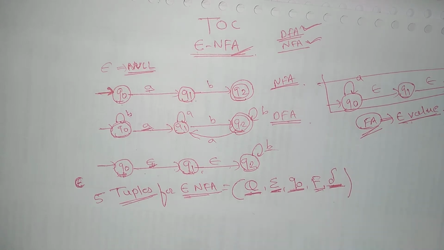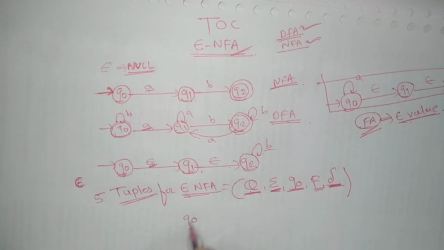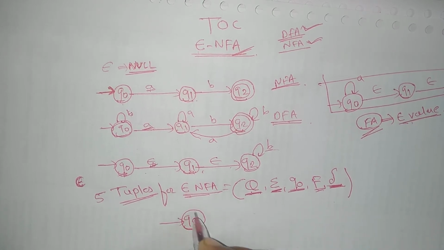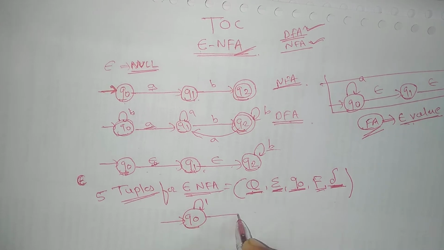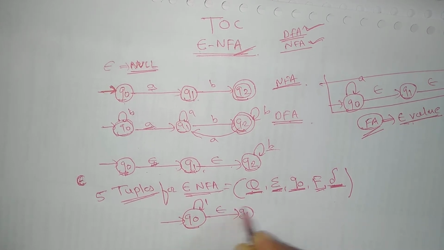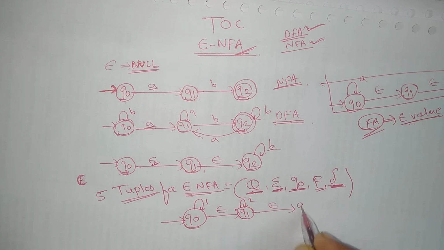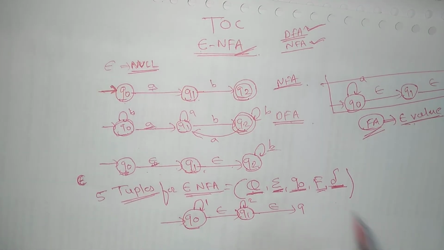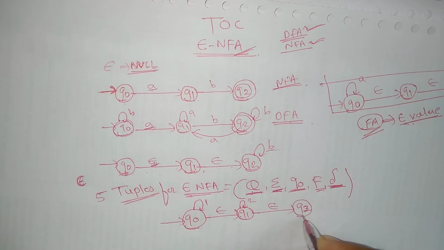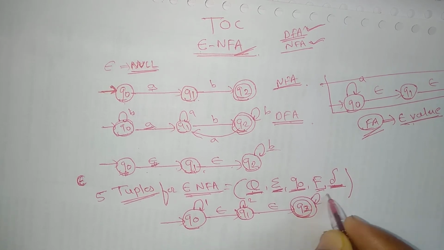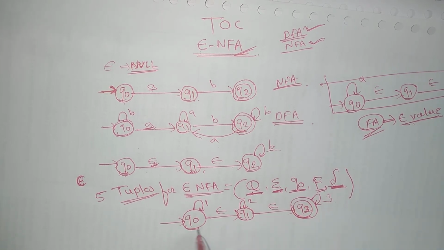So we'll see one more example also. Q0 will be a starting state. If there is 1 with epsilon value, it will go to Q1 state. If there is 2, there is epsilon input, then I will go to state Q2 with something like 3. That means here the epsilon input from Q0 to Q1 and epsilon input from Q1 to Q2.